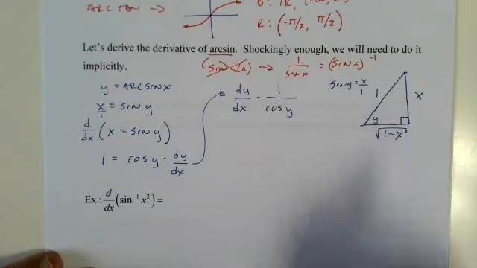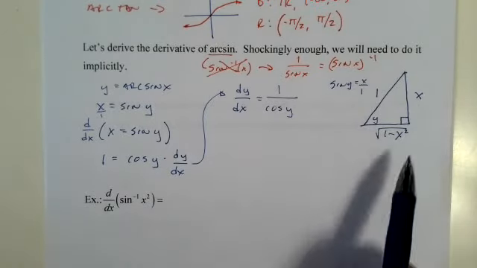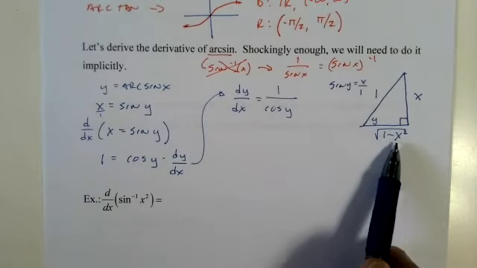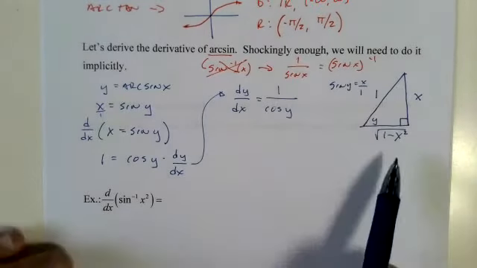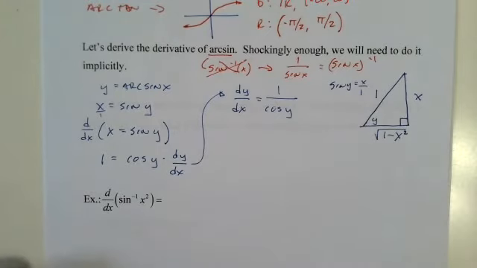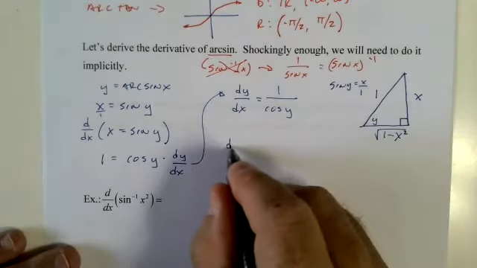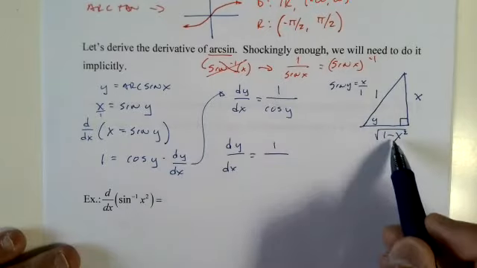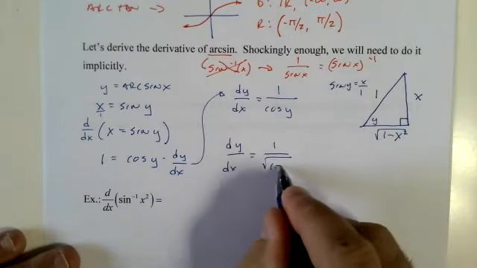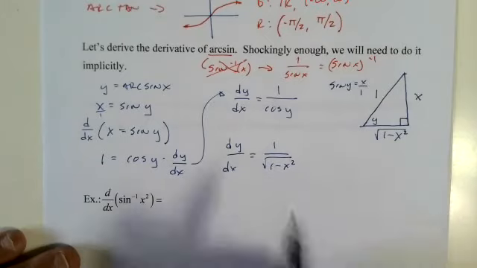And I'm doing a guess and check thing here, because if I square this, I get 1 minus x squared plus x squared. They cancel. I'm left with 1. Neat. So dy/dx equals 1/cosine of y, adjacent over hypotenuse, which is square root of 1 minus x squared over 1. I'm not going to write it.